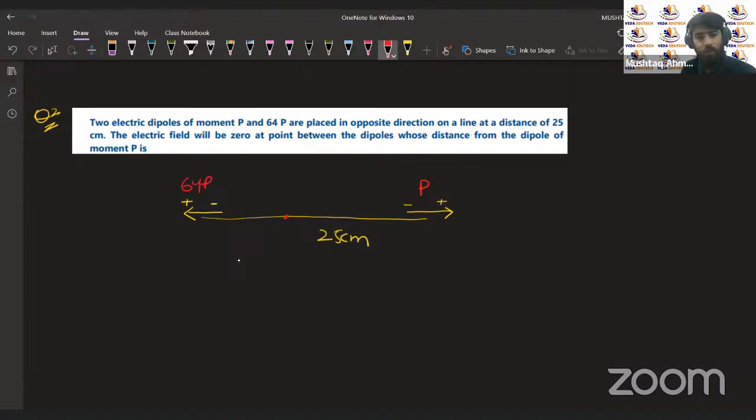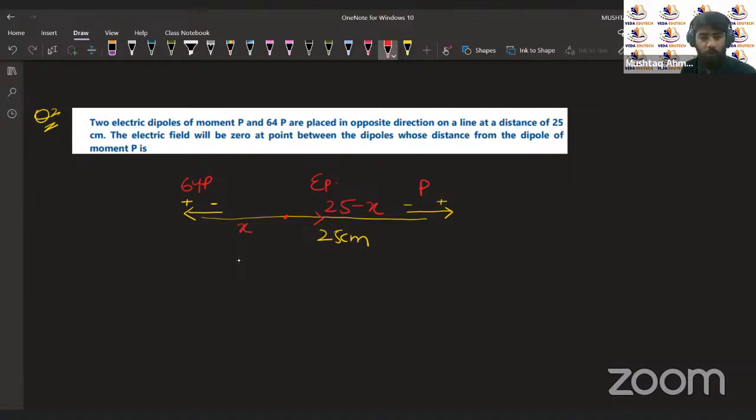Let's suppose we're at a distance of x from here, and the distance from the other dipole will then be 25 minus x, right? Because of the dipole moment P, the electric field vector will be directed along the dipole, like this. Let me call this EP.